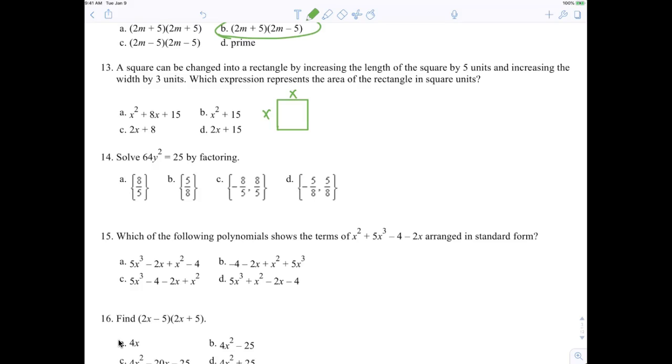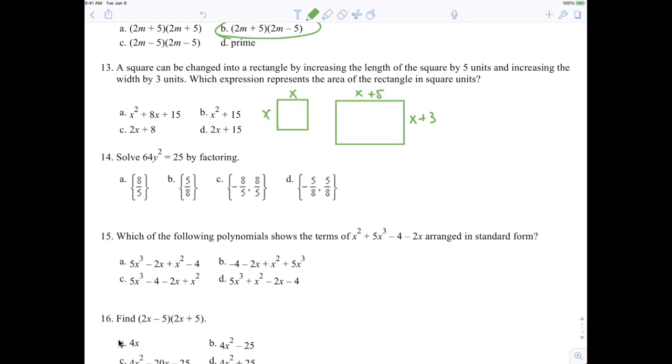Then what happens? It says you're going to increase one side by what? 5 units. And the other one by what? 3 units. Right. So draw yourself another rectangle. And then this would be x plus 5. And this would be what? x plus 3. And then they want to just know the area of the new rectangle.